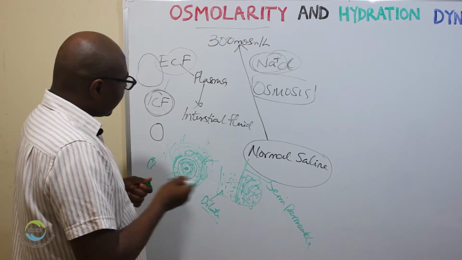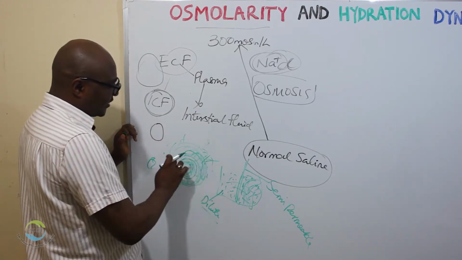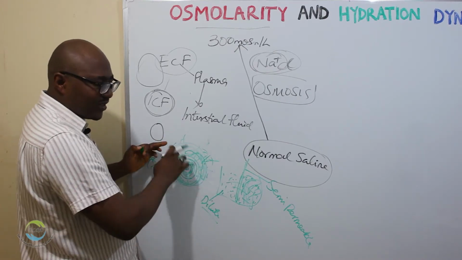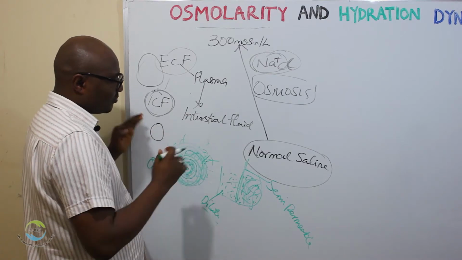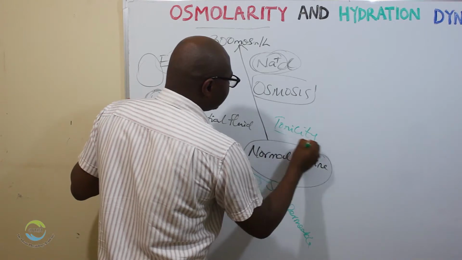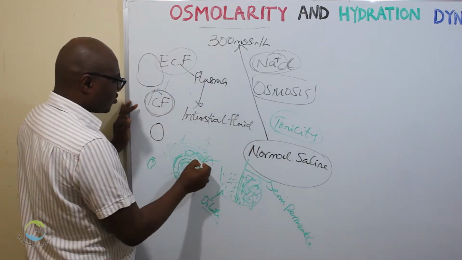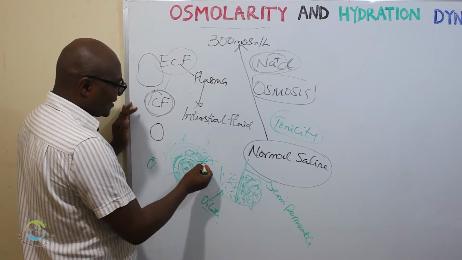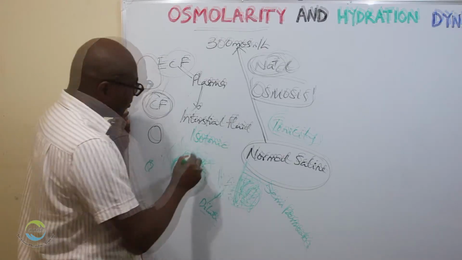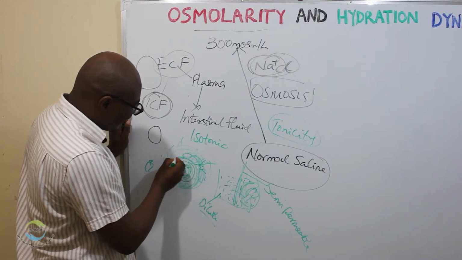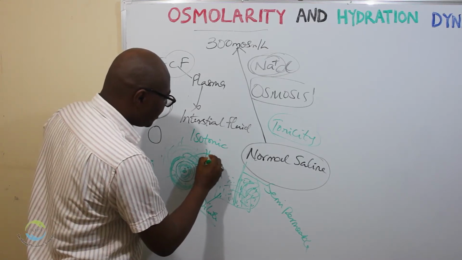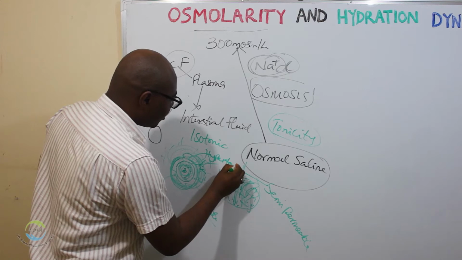So the effect of this fluid shift as it relates to the integrity of the cell membrane, that movement, we usually refer to it as tonicity. Okay, tonicity, the effect of the concentration. So if the concentration is the same, we call it isotonic. If this one is higher than what is within the cell, the extracellular, we say it is hypertonic.